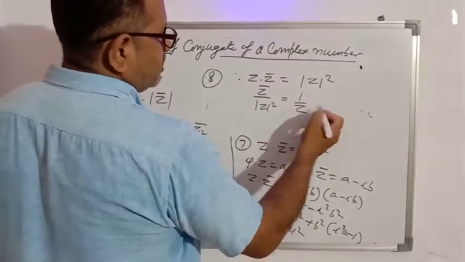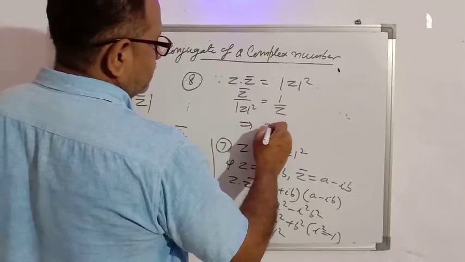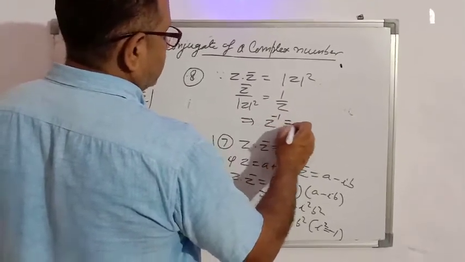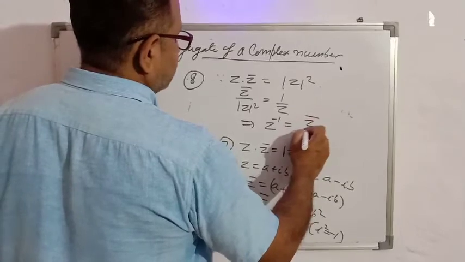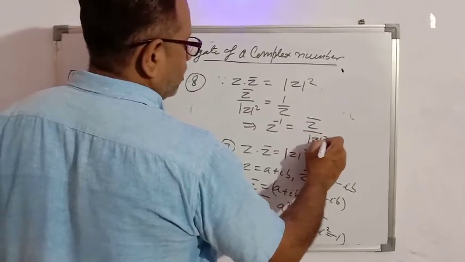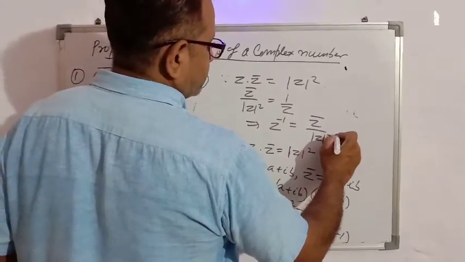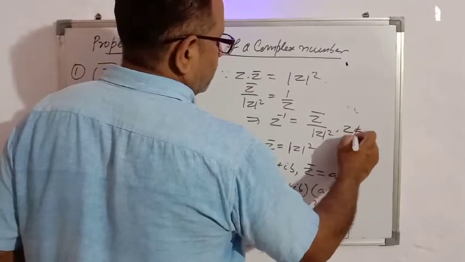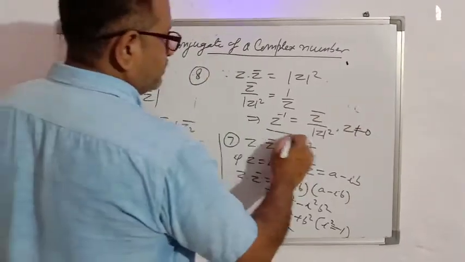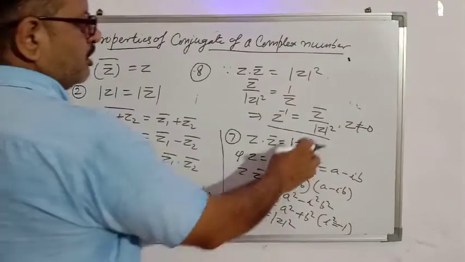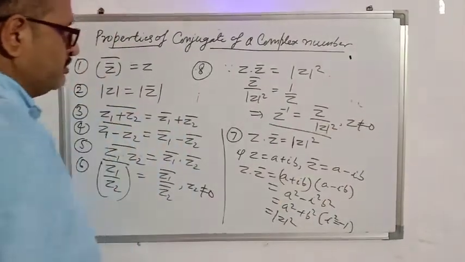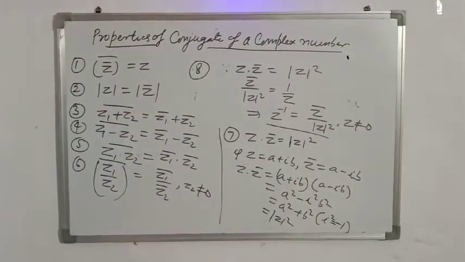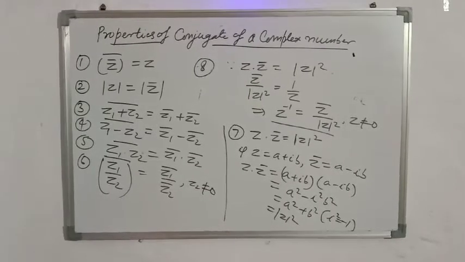So 1 upon z means z inverse. So inverse of z will be equal to z bar upon mod of z square, where z is not equal to 0, because the denominator cannot be 0. So these are the properties of conjugate of a complex number.